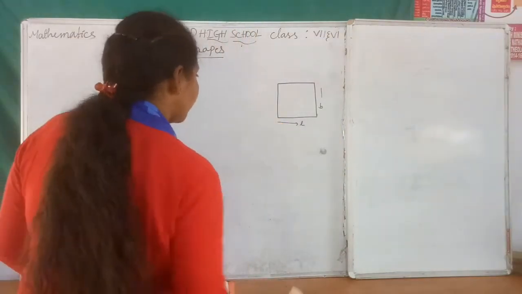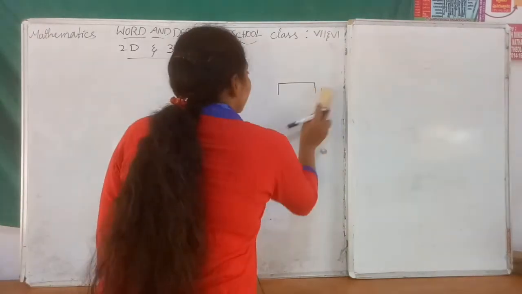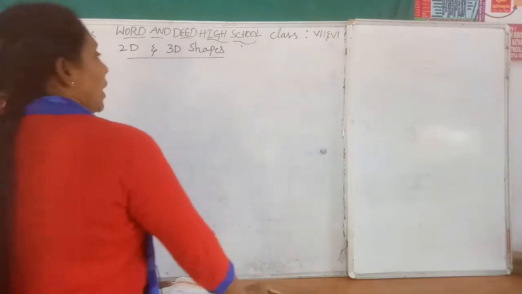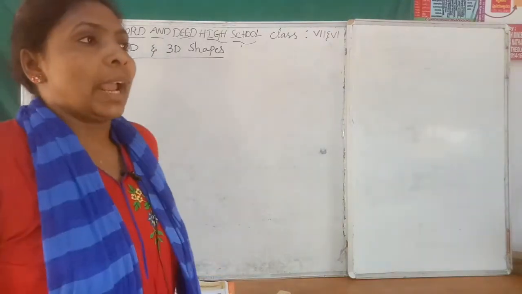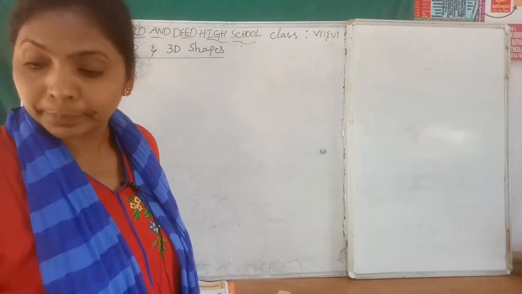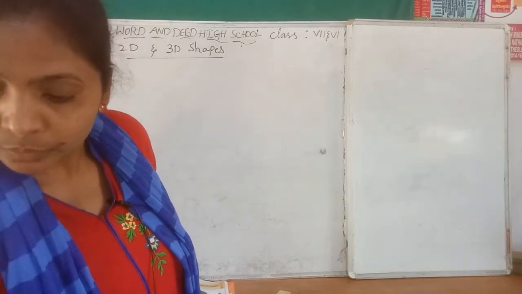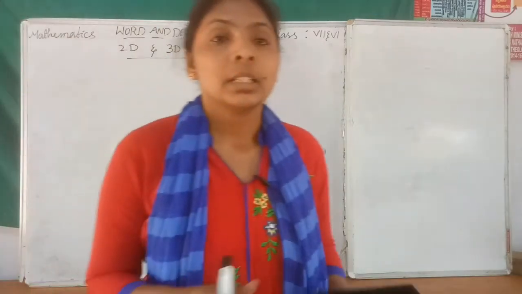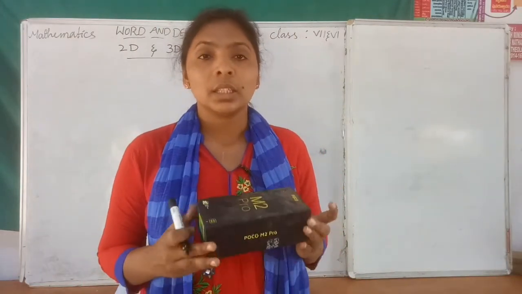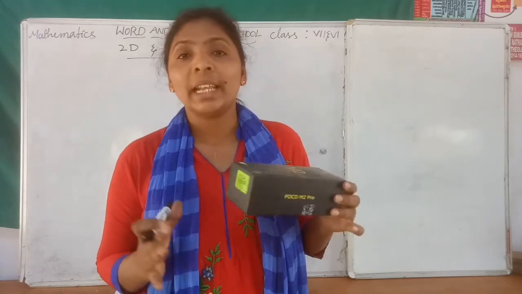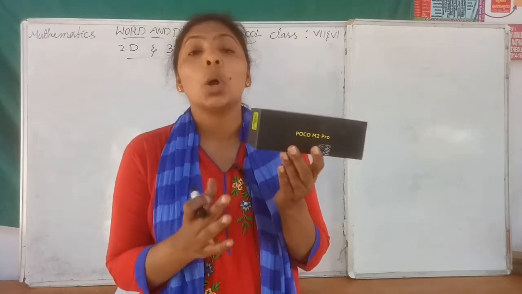Suppose I am taking a cuboid, children. 3 dimensions. How can we take 3 dimensions? See, suppose this is a box. In this box, how many dimensions do we have? See children, how can we take it?